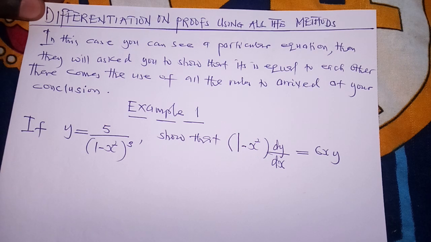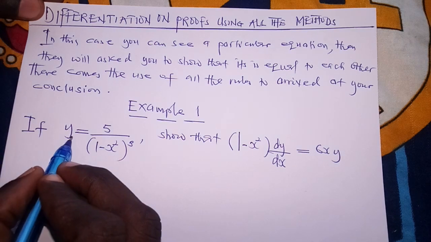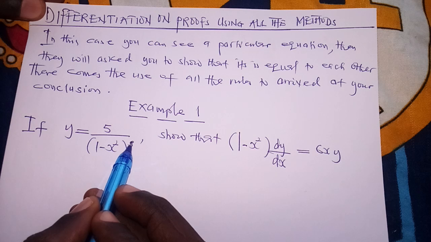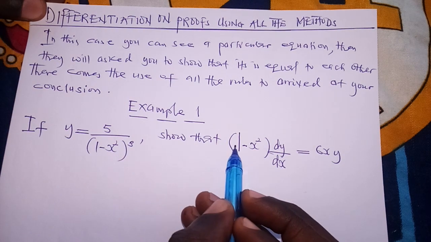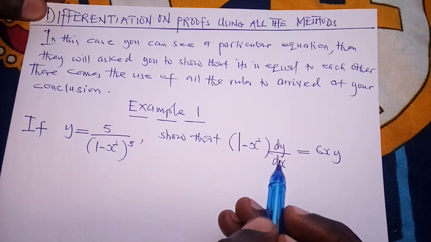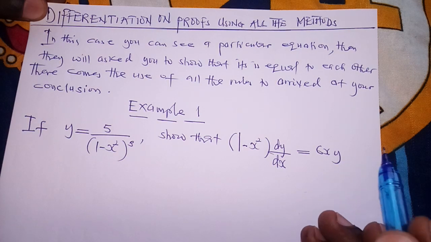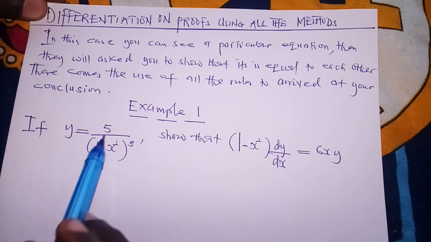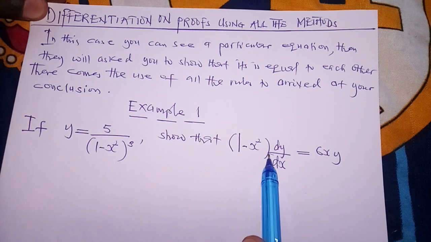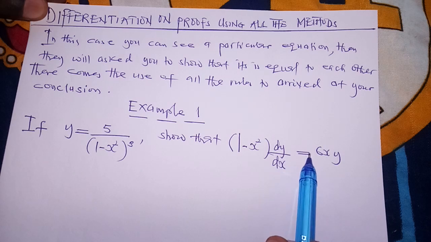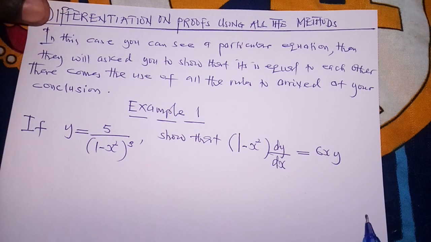Example 1 says, if y is equal to 5 upon (1 minus x squared) raised to the power 3, show that (1 minus x squared) dy/dx is equal to 6xy. It means if we solve this, it must be that (1 minus x squared) dy/dx equals 6xy.